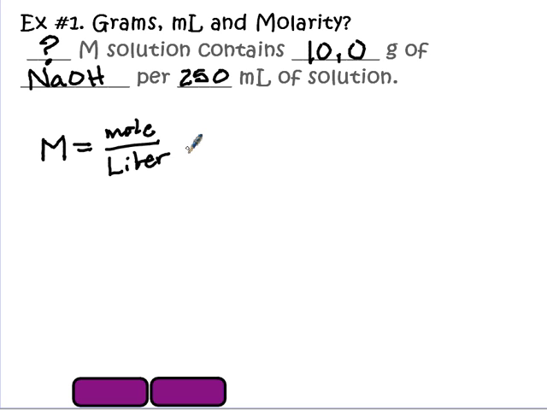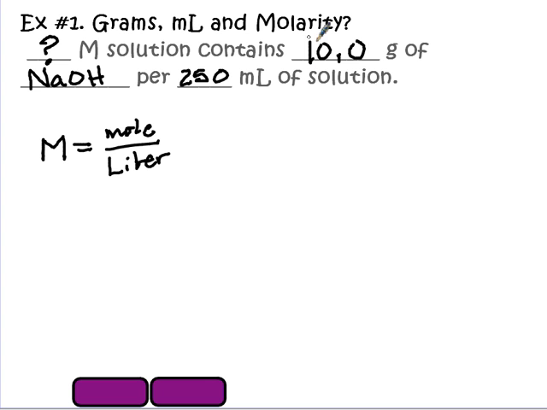Many times when we talk about molarity, we refer to the solute, even though it's not the majority of the solution. So in this case, sodium hydroxide is our solute, and that's what we're going to need to convert and stick in here for the moles, because the substance that gets listed here is usually the solute, and we need to figure that out.